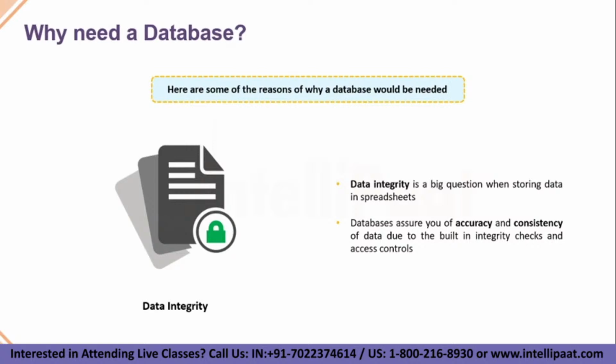These are the kind of restrictions that you can put in when you're using a database, but not the kind of restrictions that you can put when you're using an Excel file or a text file, because any user can just open it and enter invalid data either maliciously or just out of absent-mindedness. So databases help you in preventing your data losing its integrity, which is one of the most crucial aspects of any database system.